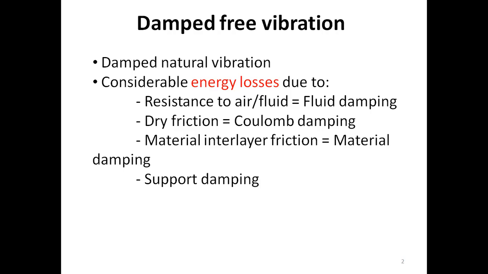So when it deforms, the inter layers of the material move relative to each other, and whenever there is friction, there would be heat generation, and that heat, which is again energy, would be coming from the vibratory system, and we would term this energy loss as the material damping.